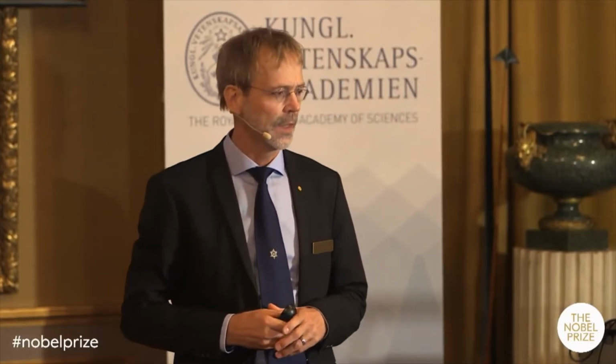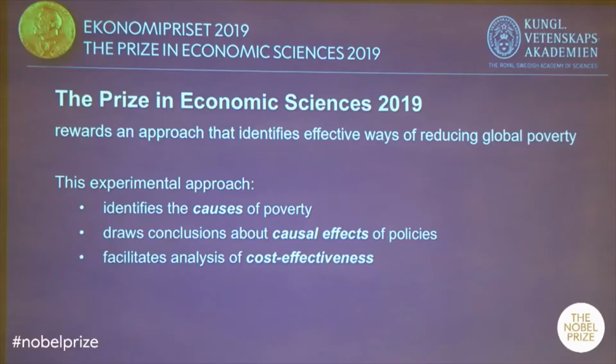This year's prize in economic sciences rewards an approach that identifies effective ways of reducing global poverty. The new experimental approach has pushed the research frontier forward in crucial ways.